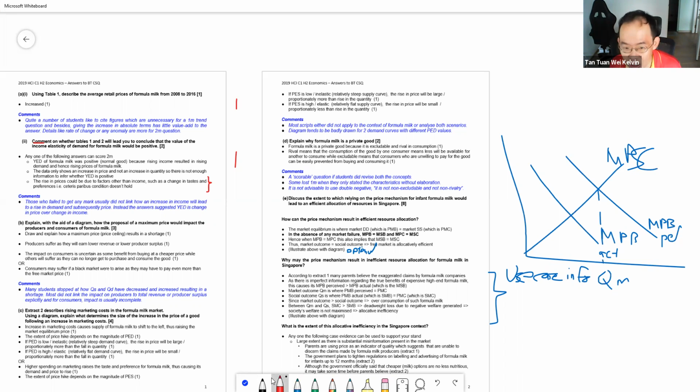Had they known the true benefits, they would consume only here. This is your QE. So you can see that because they are misperceived, they are tricked by the firms to think that the formula milk grants certain benefits to their kids. They are paying this price. Had they been educated about the true benefits, this is the price that would have happened.